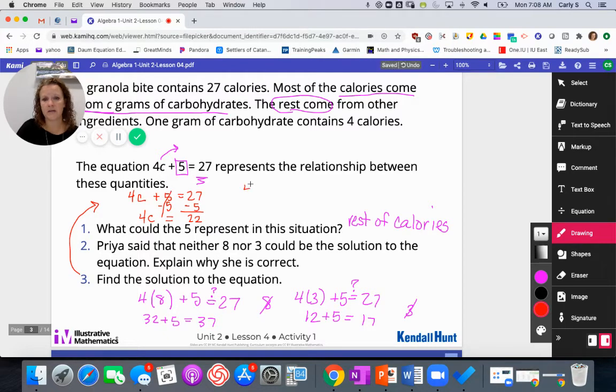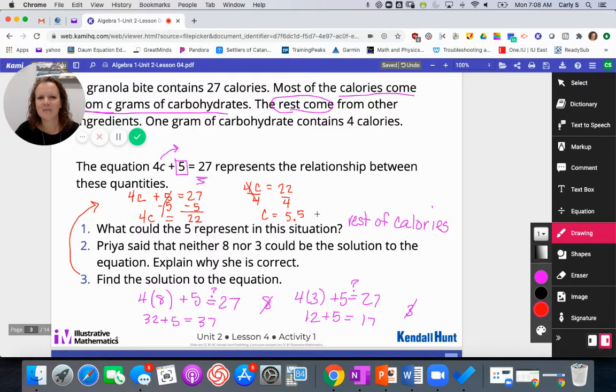Now I'm going to move this up here. Now I'm trying to figure out what C stands for. So now I'll divide both sides by 4 and I get C equals 5 point something. 5.5, that was easier than I thought.